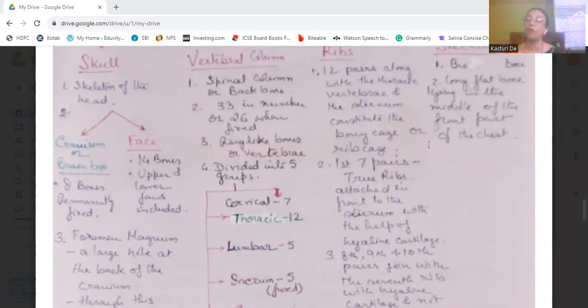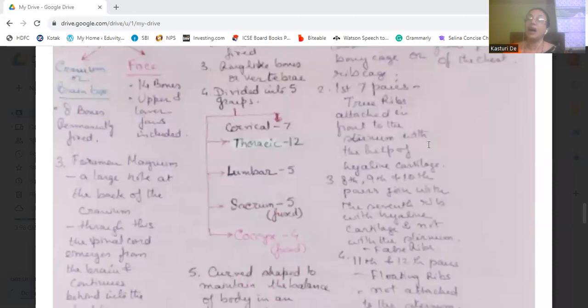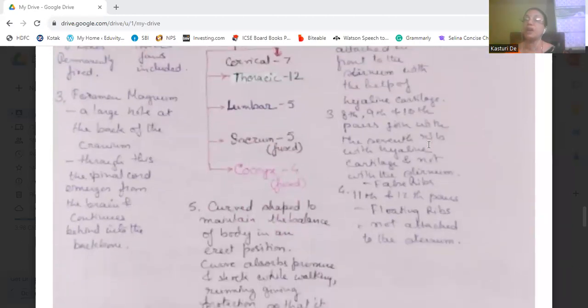They are known as false ribs because they are attached to the 7th pair of ribs with hyaline cartilage. And the last two pairs, the 11th and 12th, are floating ribs. Why are they floating? Because they do not attach in front to the sternum, nor to any of the ribs. That's why they are floating.